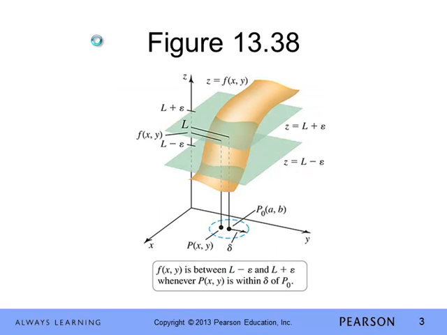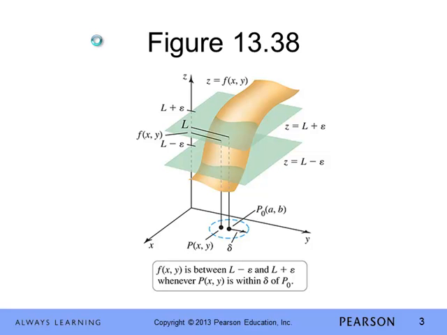So here's kind of another picture, kind of a crazy picture. Here's our epsilon neighborhood up here on the z-axis, and we're saying that the limit for this function is whatever capital L is. So we have our epsilon neighborhood here, meaning the interval that goes from L minus epsilon to L plus epsilon.